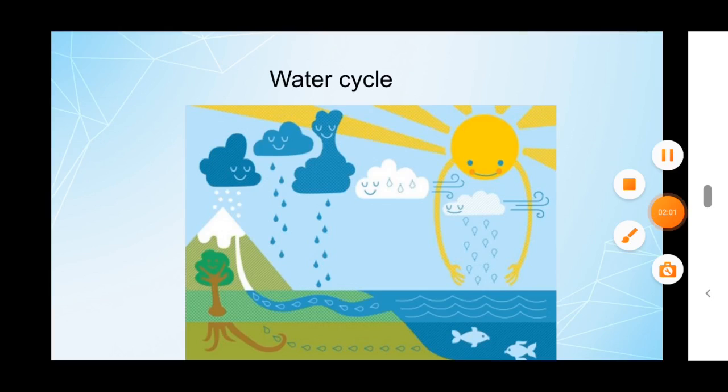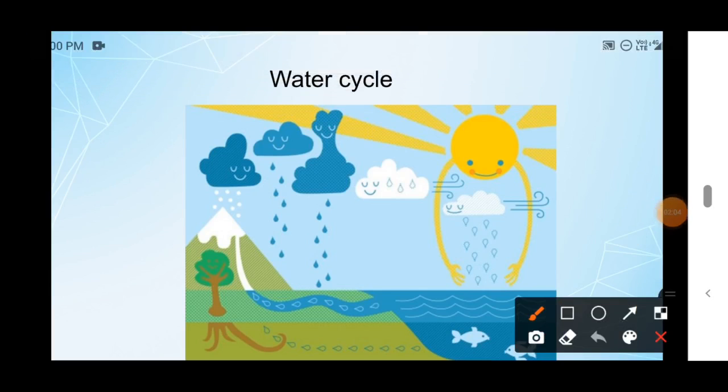The water from the earth's surface is taken by evaporation with the help of the sun's energy. That means with the help of the sun's heat, water evaporates and forms a cloud. These clouds again fall as rain. This process is known as precipitation. So this is known as the water cycle.